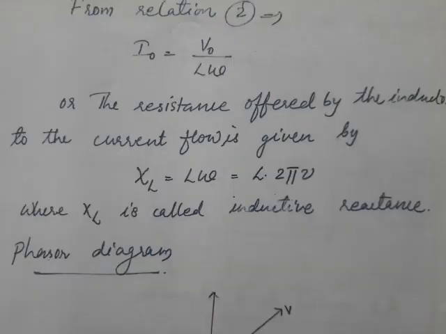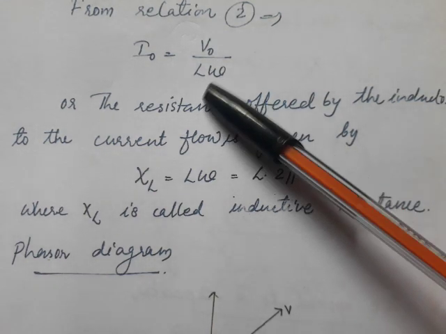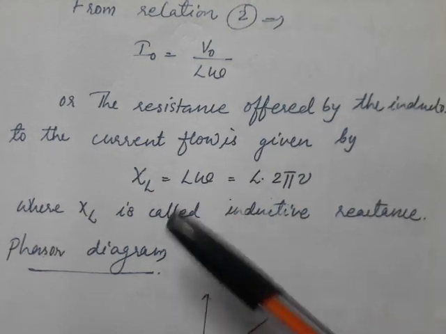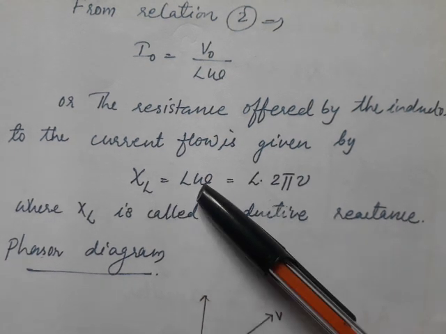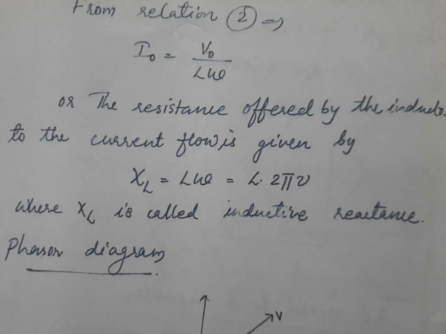So L omega is the inductive reactance, represented as XL, which is L into omega. Omega is 2 pi nu.